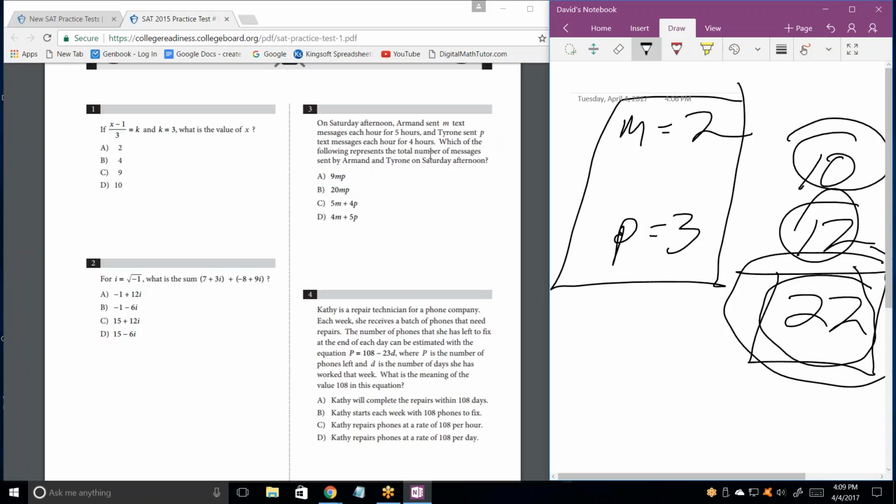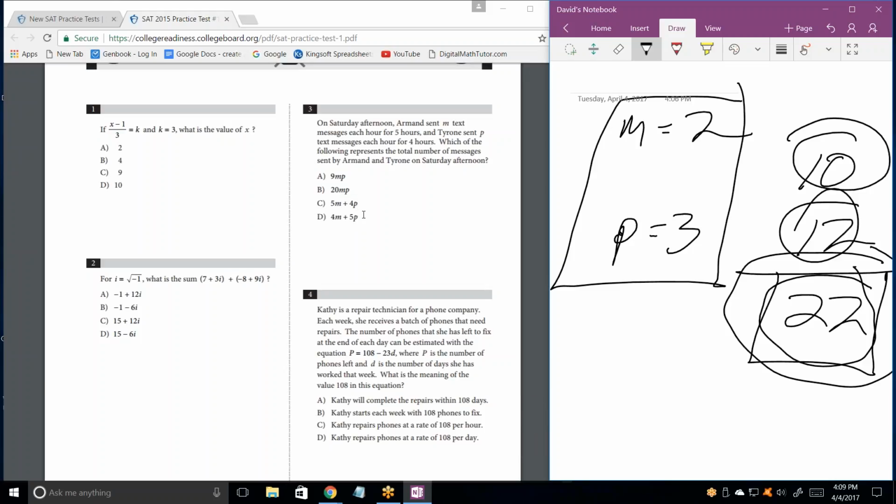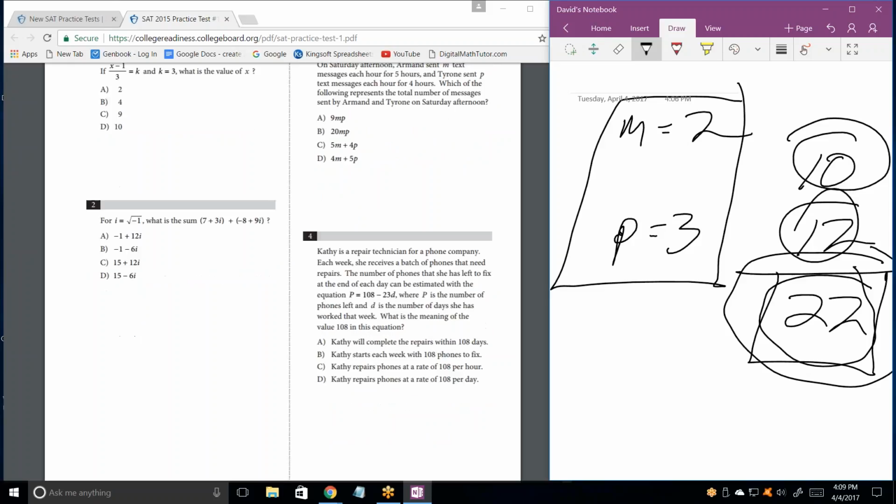M and P can be anything you want. What this tells us is that we're going to check each answer until we find one that's equal to 22. That's picking numbers and back solving.